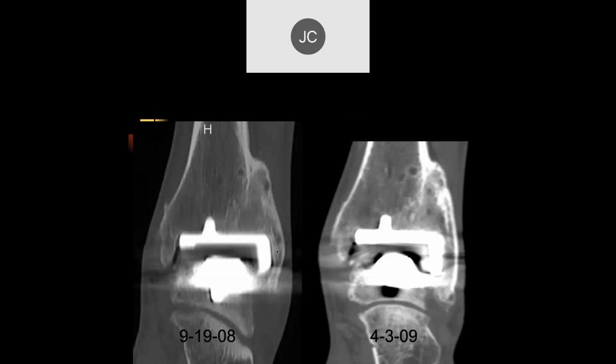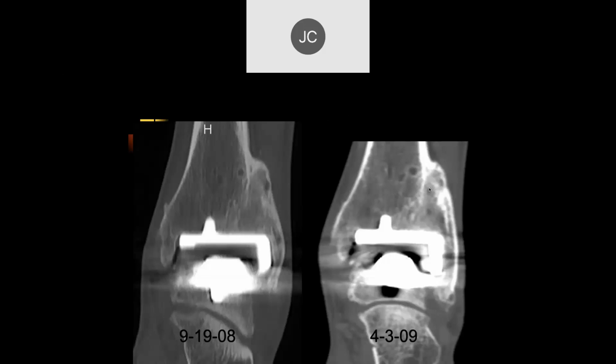Back in those days, what we looked for frequently was whether you got wearing of the spacer here, the polyethylene. This is an example of where you're wearing the polyethylene over time. The newer prostheses, this doesn't happen as often, but this was something we were looking for previously.